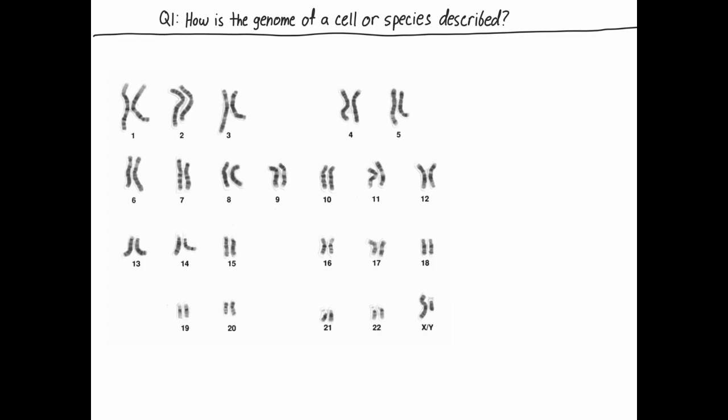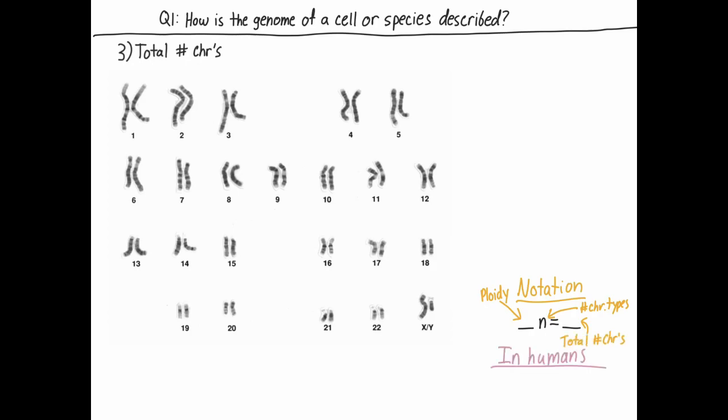A third way we can describe a genome is by the total number of chromosomes an organism has. In our notation, the last number, which is the product of the ploidy and N, equals the total number of chromosomes. In humans, because there are 23 types of chromosomes, and because we have 2 of each of them, our somatic cells have 46 total chromosomes.